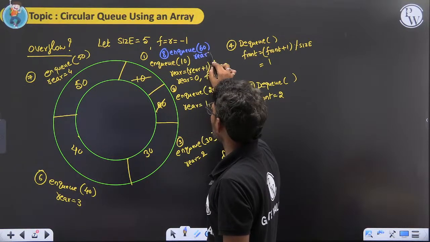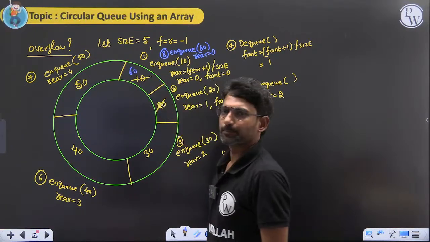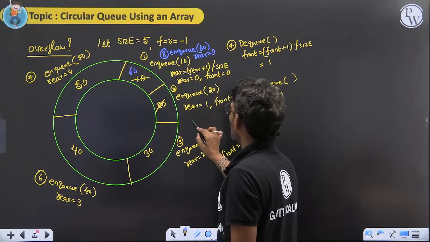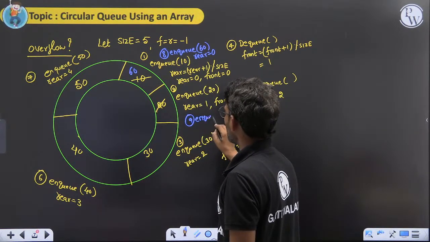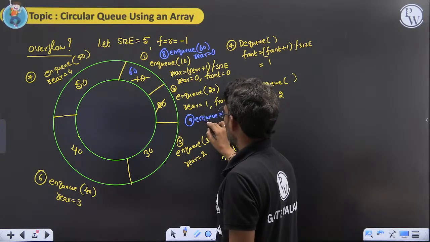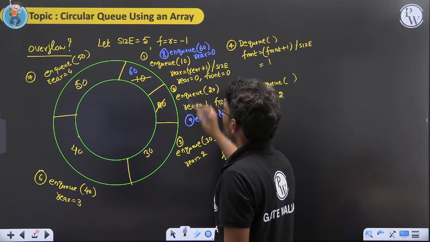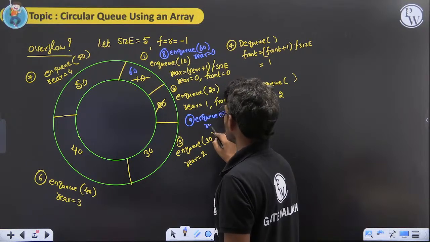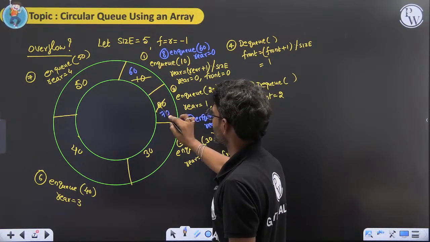So rear becomes 0, and 60 is inserted. One more insertion I am doing, enqueue of 70, 0 plus 1 mod size. So rear becomes 1 and 70 is inserted.